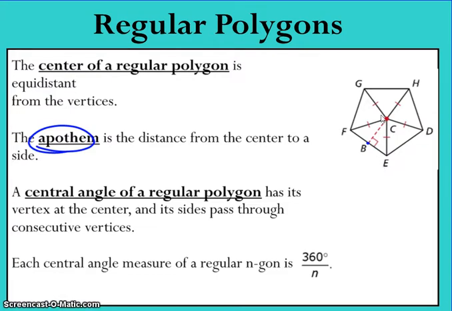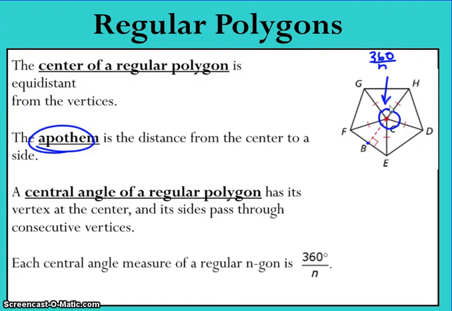Now, there is a way to find the central angle. So this right here is a central angle. In fact, each one of these angles are called central angles. And the way we find the measurement of this angle is that we do 360 divided by n. The reason for this is if I were to draw all the way around, this makes a circle, and a circle we know is 360 degrees.